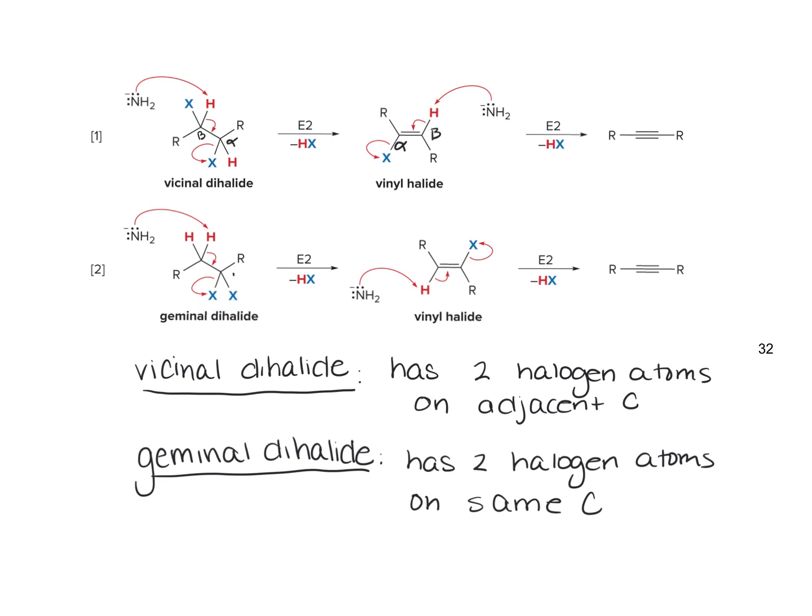So in this reaction, this would be the alpha carbon, and this would be the beta carbon, right? And the NH2 would come, it would remove a proton, those electrons would go there to form a double bond, and one of the halogens would leave. Then the NH2 would come in again, and again, this would be the alpha carbon, and this would be the beta carbon, and it would remove a proton here. These electrons would go here to form a triple bond, and that halogen would leave. And so these are two ways we can synthesize alkynes.